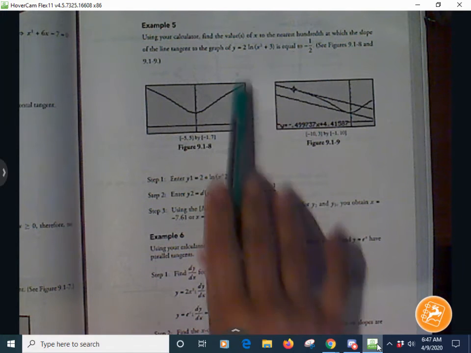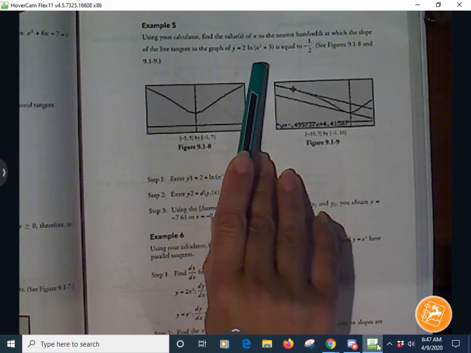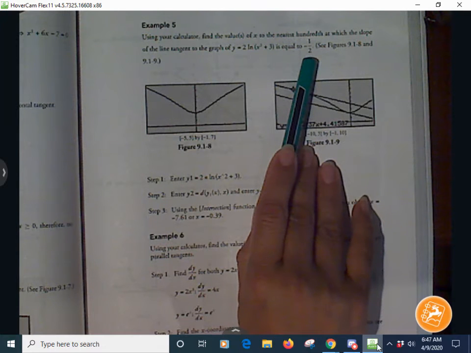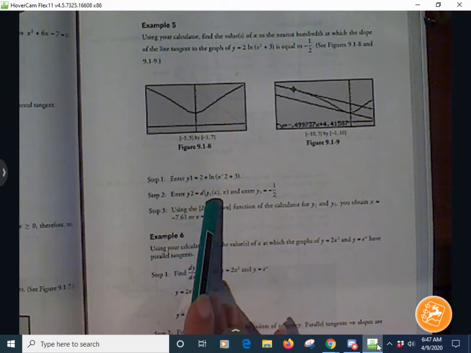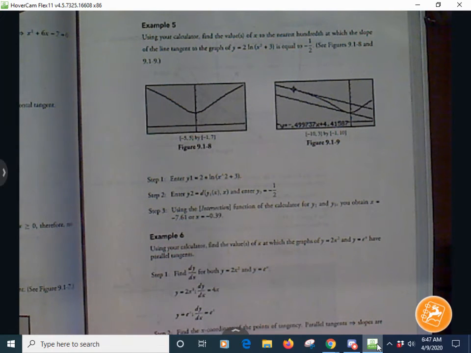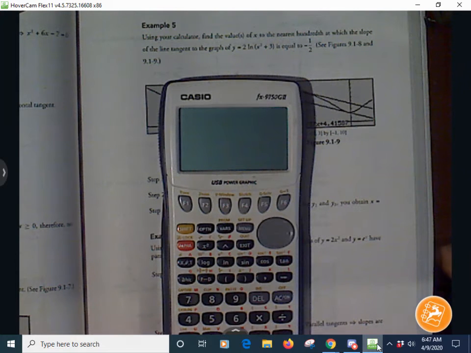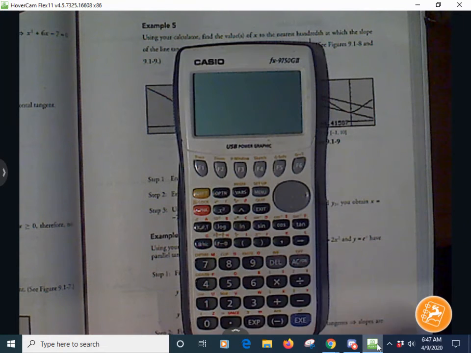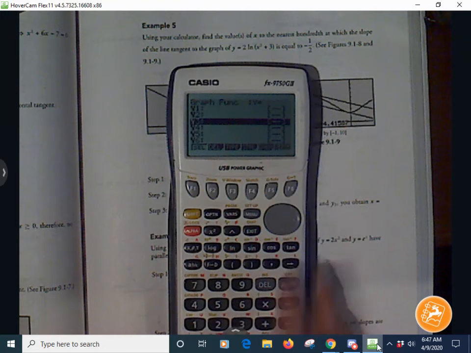Usually we would take the derivative of this function and then set it equal to negative 1/2 as a separate equation. Here, instead of finding the derivative, the calculator generates the values for the derivative. Because that might be new to some of us, let me show you how that works.